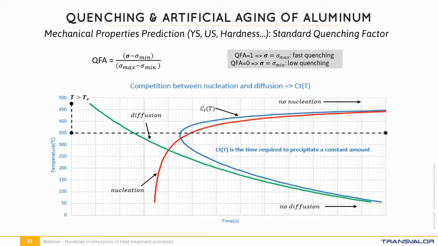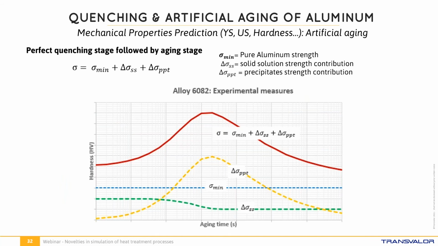The prediction of this factor is based on the dependency on the amount of untransformed solute during quenching. We can notice a competition between two contradictory mechanisms, the diffusion of chemical elements and the nucleation of precipitates. After performing the quenching, the next operation is aging.